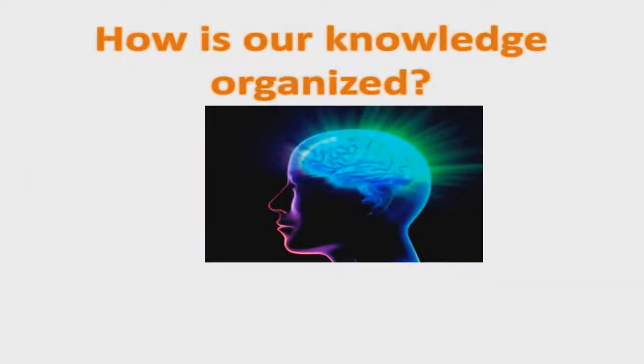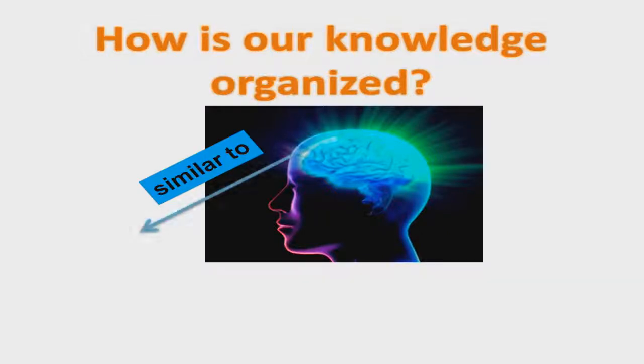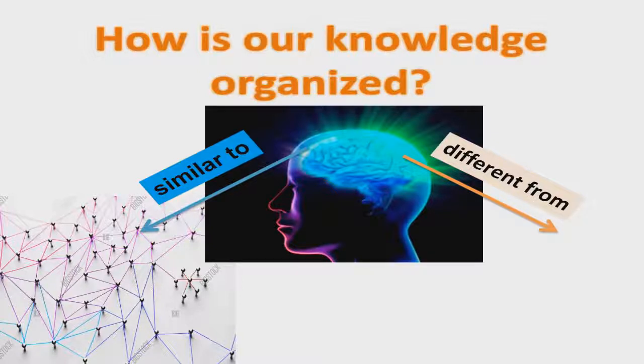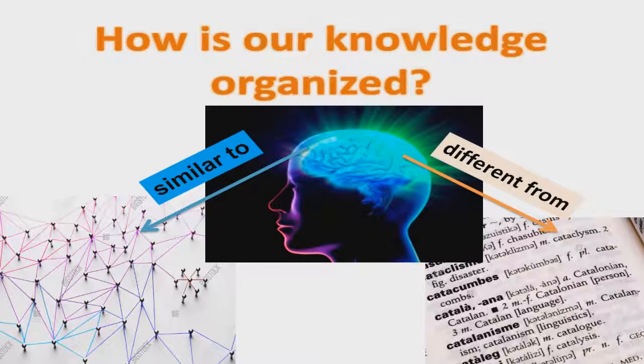Next, how is our word knowledge organized? The way words are organized in our minds resembles a kind of network web more than a dictionary. The mental lexicon is usually described as a highly organized, interconnected system that stores words in our minds. Due to these interconnections, we make mistakes, like using the word breathe instead of breath.